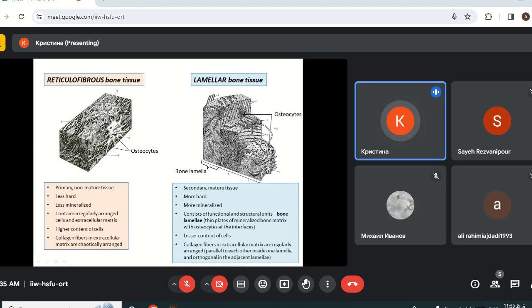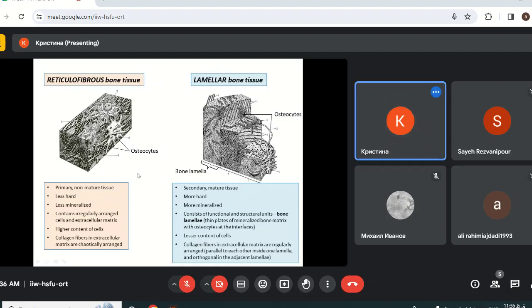And now we will discuss the types of bone tissues. We have 4 types of bone tissues, and we will discuss first 2 of them, reticulofibrous and lamellar bone tissues. Here you can see the general structure of these bone tissues and their differences. So first of all, reticulofibrous bone tissue is the primary, non-mature tissue, and lamellar bone tissue is the secondary or mature tissue.